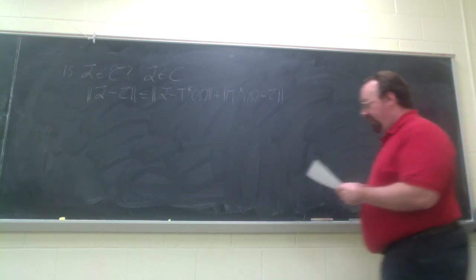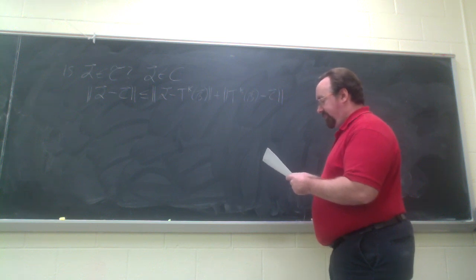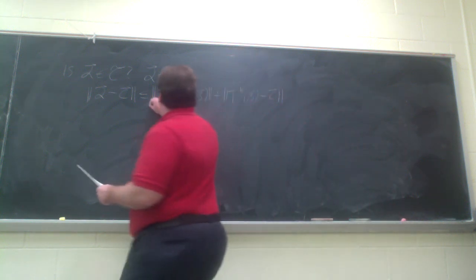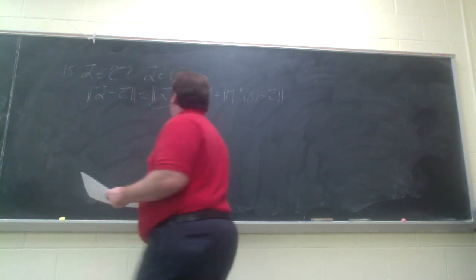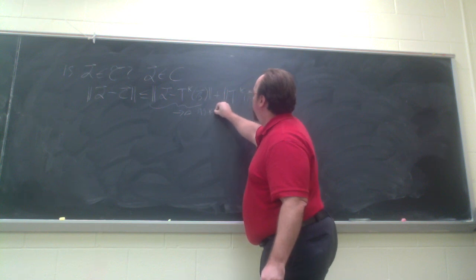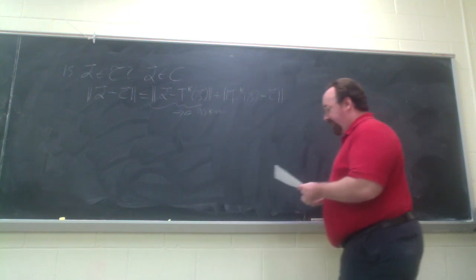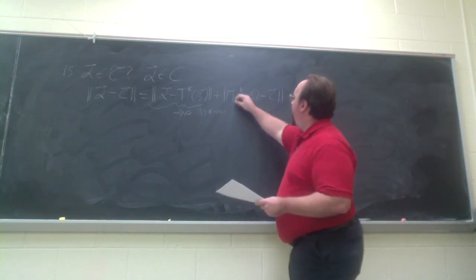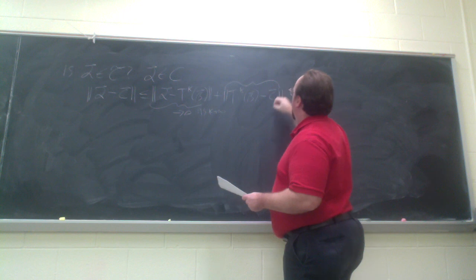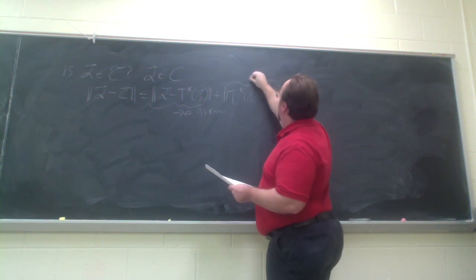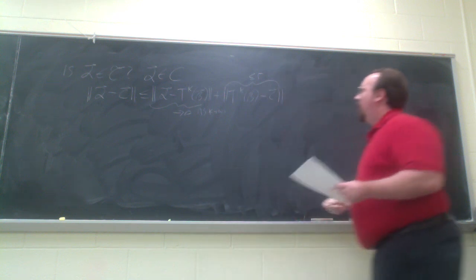Now, this part here goes to 0 as k goes to infinity because alpha is the limit. So what that means is, this part right here is less than or equal to r.